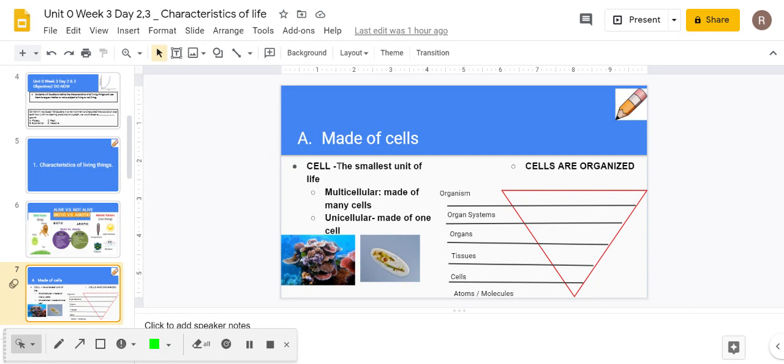Now, if we're going to highlight multicellular organisms and ask what the point of being multicellular is, well, you're going to be a much more sophisticated organism if you are made of many cells, because fascinatingly, your cells work together.